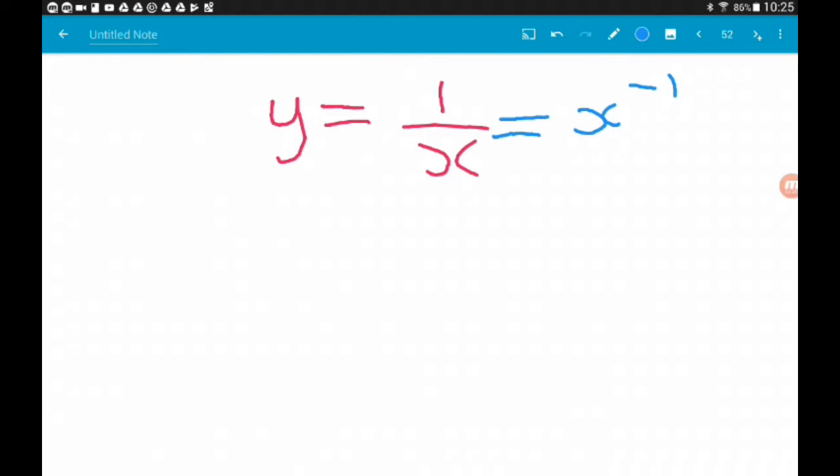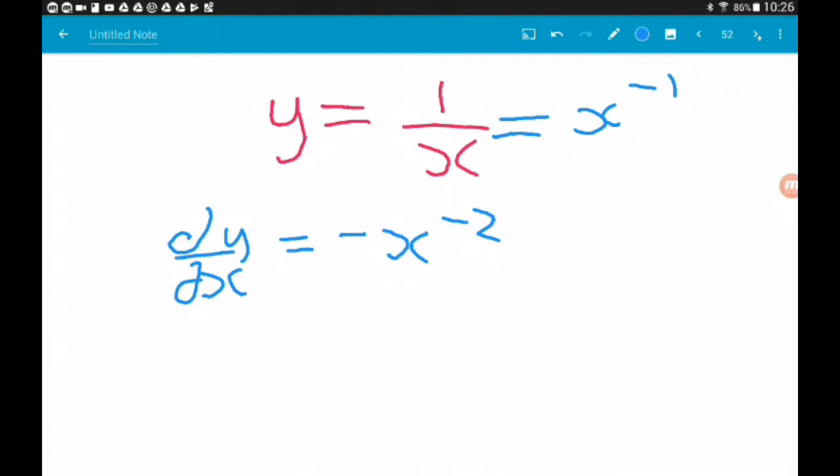So our first derivative, dy over dx, is going to be minus 1 times x to the minus 2. Now if we were to stop there and we only wanted the first order, really then we would write that back in fractional form. So that would be minus 1 over x squared.